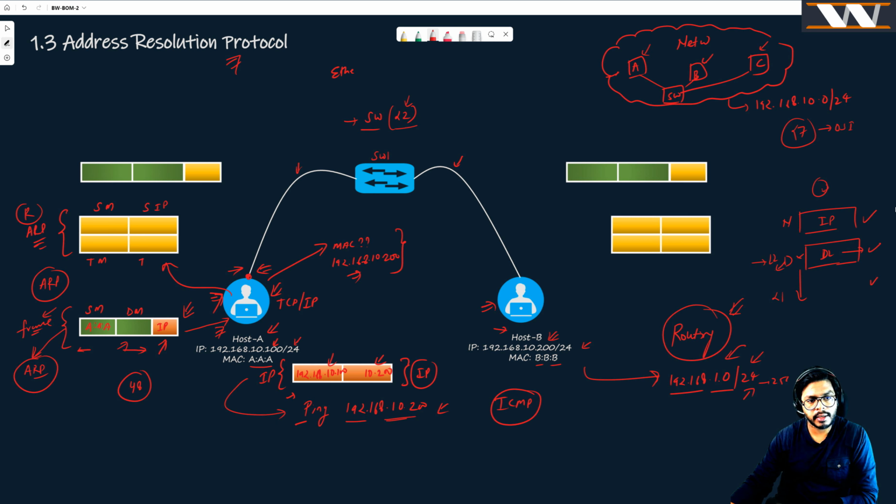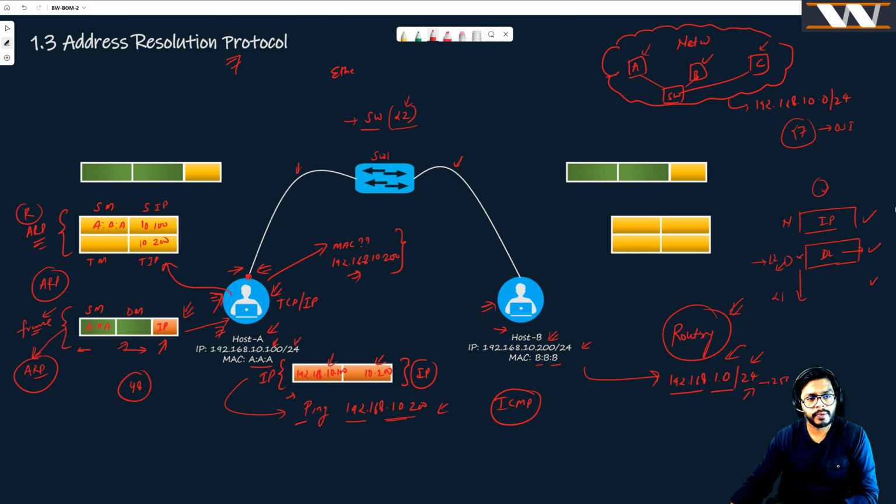The sender MAC is going to be simple, right? A colon A colon A. The sender IP is going to be simply 10.100. The target IP is going to be simply 10.200. But what is the target MAC? We do not know, and that is why we write 0 colon 0 colon 0 here, right? This is basically your ARP message which you are going to put on this wire.